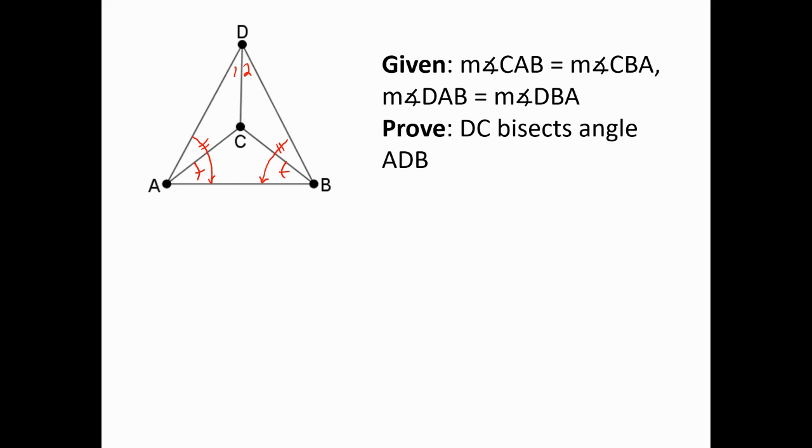Because in triangle ACB, we have a pair of equal angles, and in triangle ADB, we have a pair of equal angles. So we'll get, again, AC equals CB. We'll get AD equals DB, but of course DC is equal to DC, so it then will follow that triangle ACD is congruent to triangle BCD by side, side, side. And then it will follow by CPCTE that angle 1 is equal to angle 2.